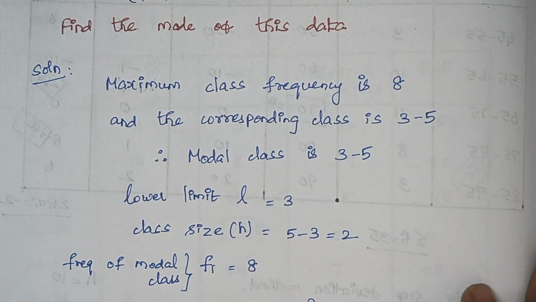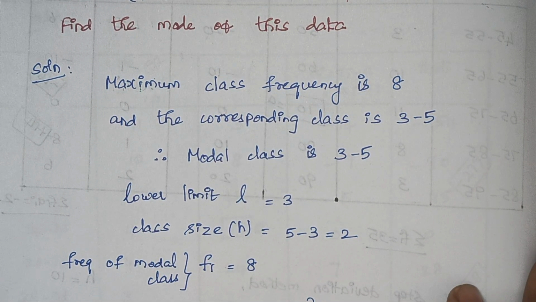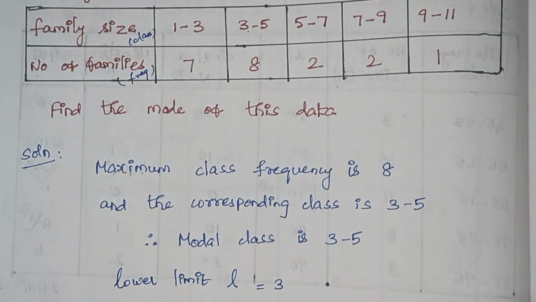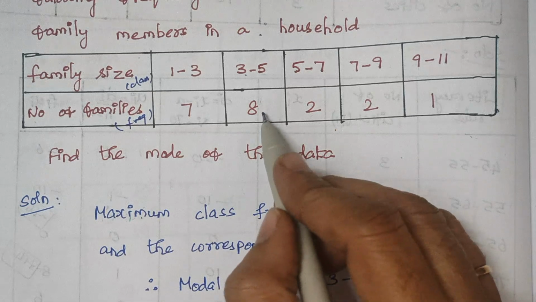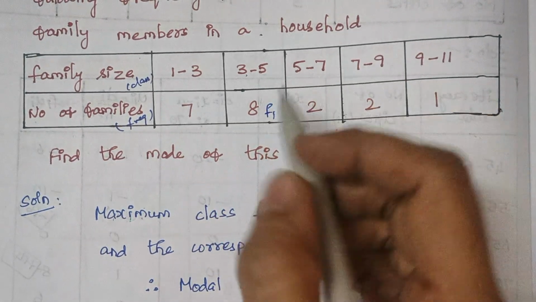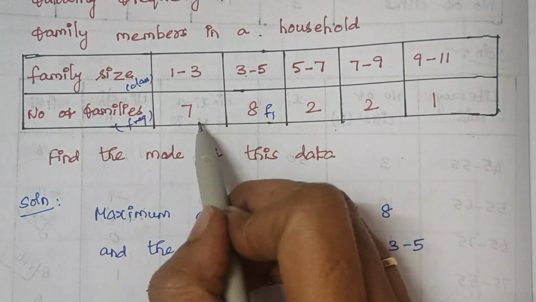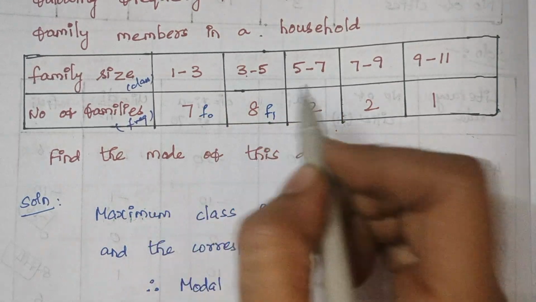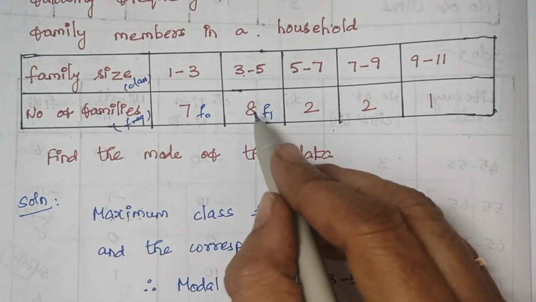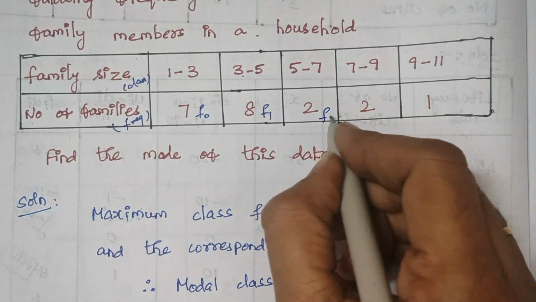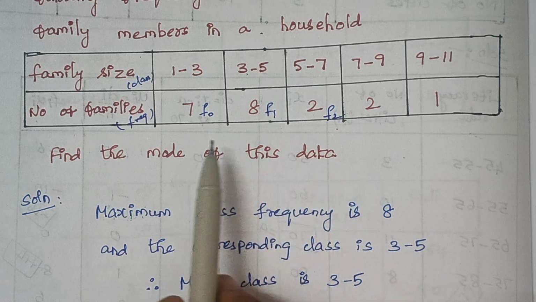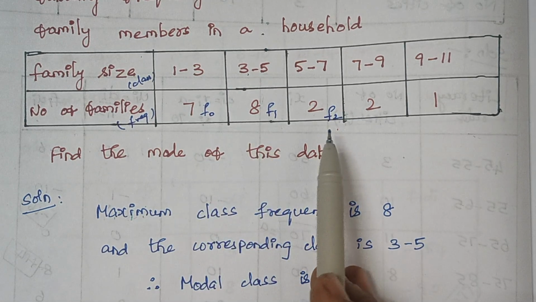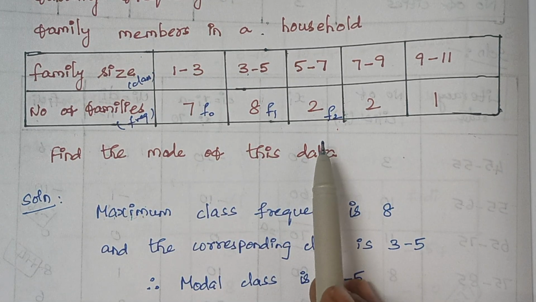Now we are going to find F0 as well as F2. When you look back at the table, this is our F1. The frequency prior to this is known as F0, and the frequency after this 8 is known as F2. It is a must to know these values because we have to substitute them in our formula.